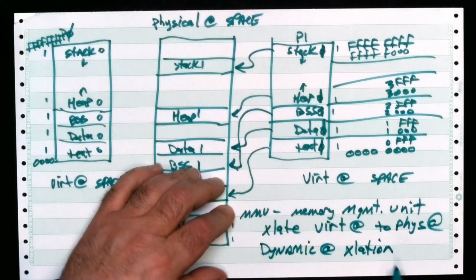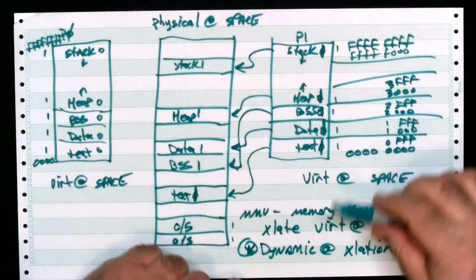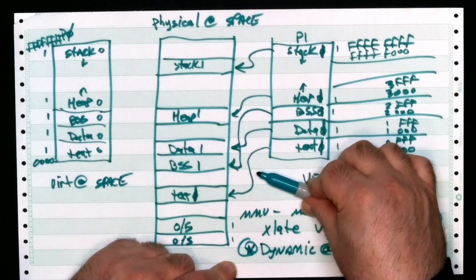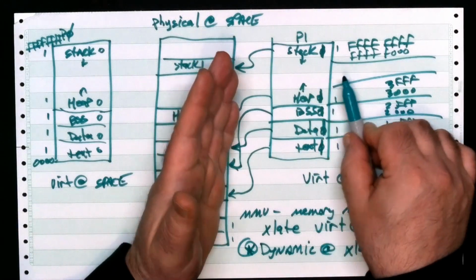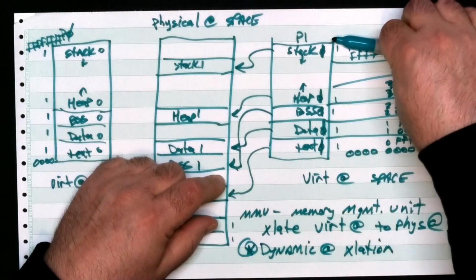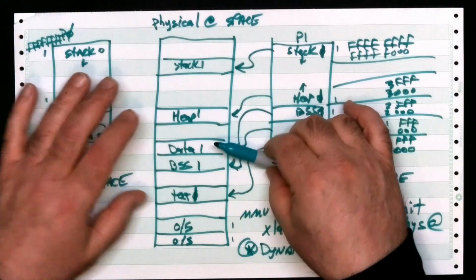Okay? Now, the way it does this is it just builds a table that holds all these mappings. For this process, it has a single table. It's called the page table, in fact, because it maps all these pages of virtual space to wherever they belong in physical space.